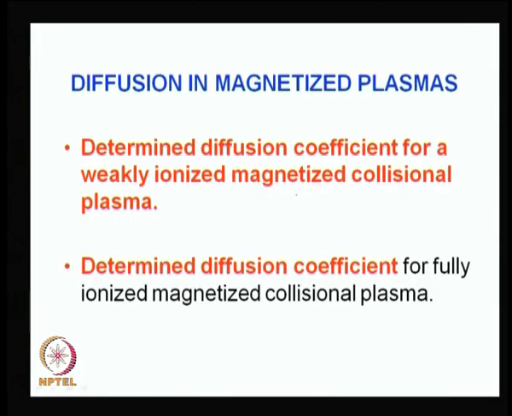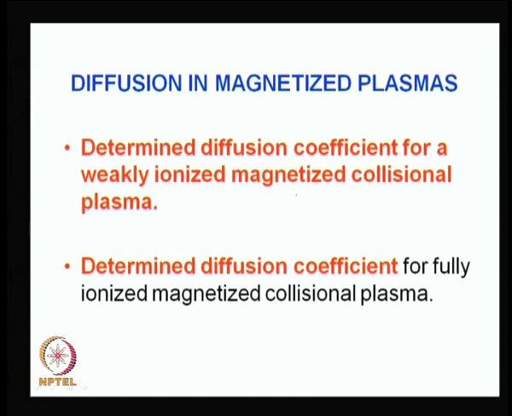So, with this we come to an end of the discussion today on diffusion in magnetized plasmas. In this particular lecture, we have determined the diffusion coefficient for a weakly ionized plasma in a magnetic field.